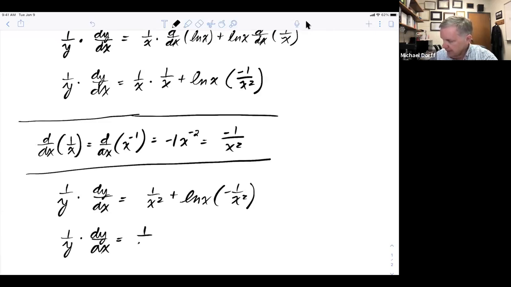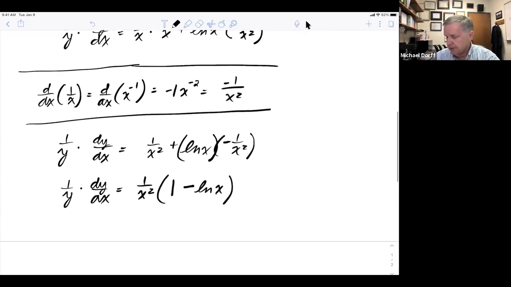So I'm going to bring that out front. And then I have a 1 minus natural log of x. Remember that this second term there is natural log of x times negative 1 over x squared. Okay, so far so good.